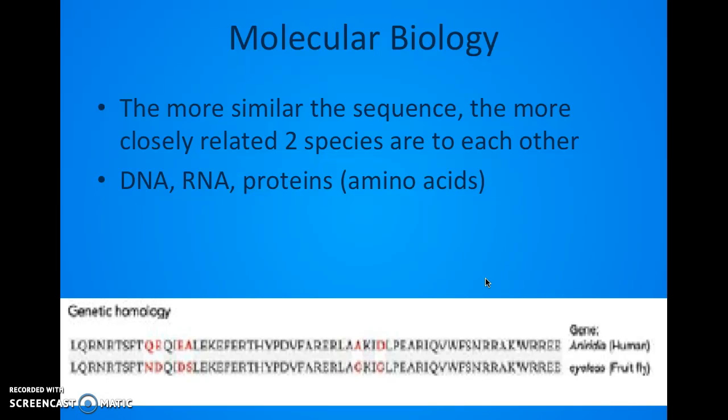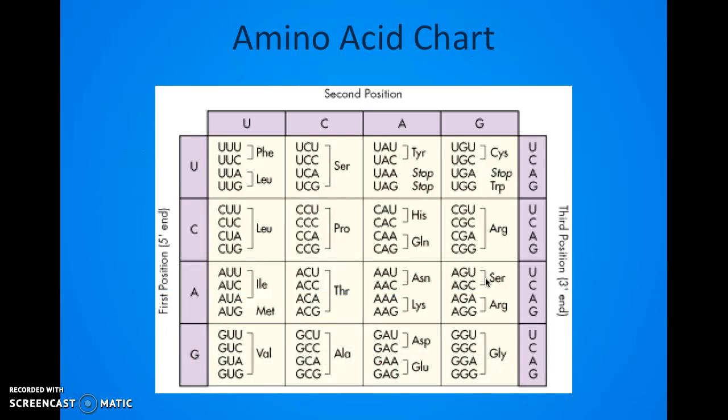Looking at the DNA, the RNA, the proteins, and amino acids that are coded by different organisms can indicate the idea of being a common ancestor to each other. So what you would use would be the amino acid chart, which we talked extensively about in Chapter 10. Being able to indicate what amino acids are produced could indicate a common ancestor.